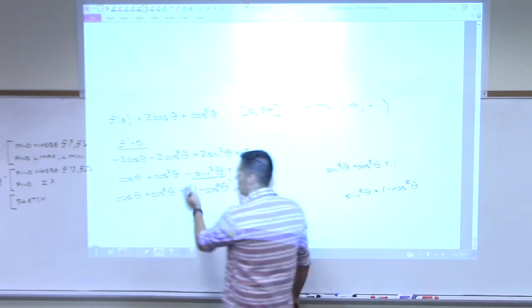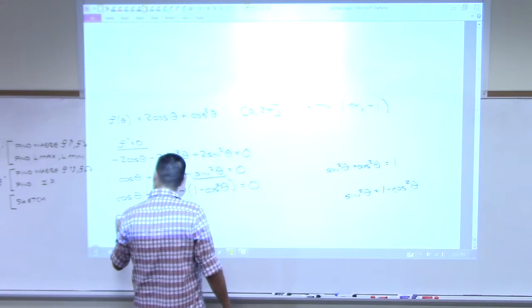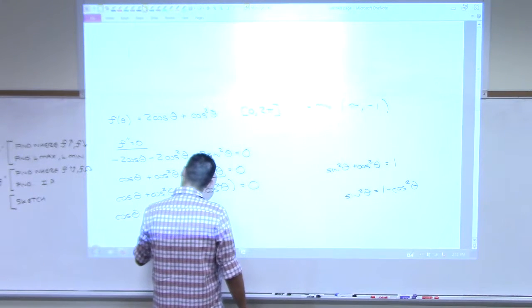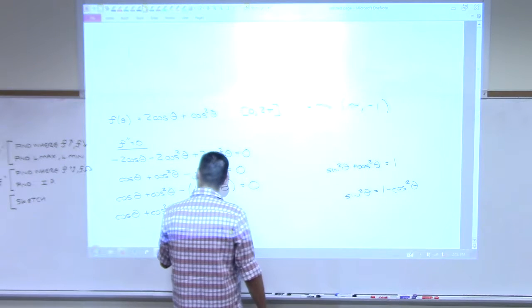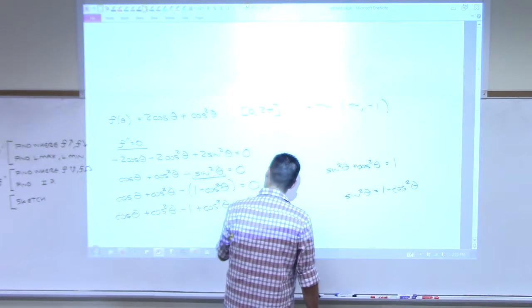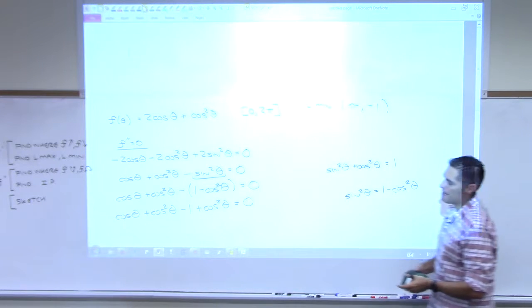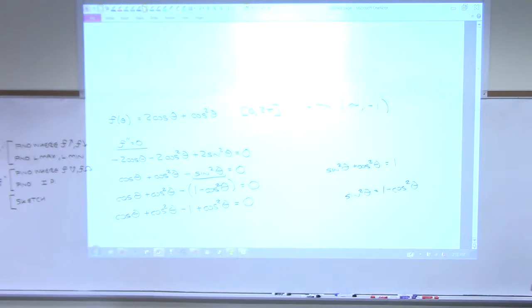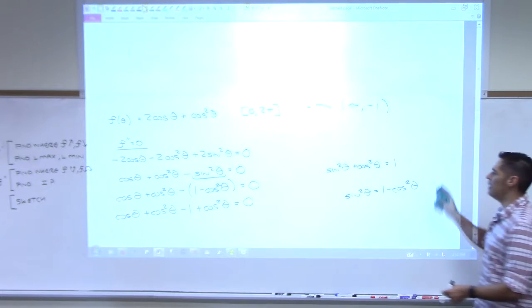And now pass the negative through. So cosine theta plus cosine squared theta minus 1 plus cosine squared theta equals 0. Looking better. Ah, crap, I still can't factor out a cosine though. You see why I can't factor out a cosine? Because of that 1. Dang it.